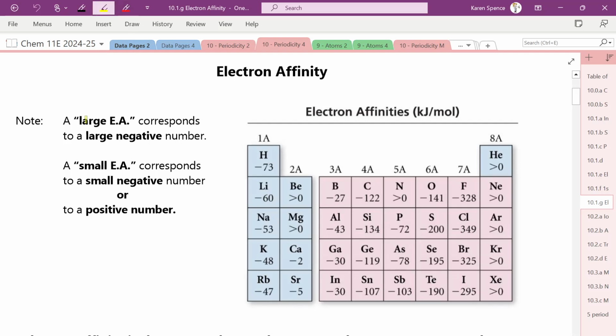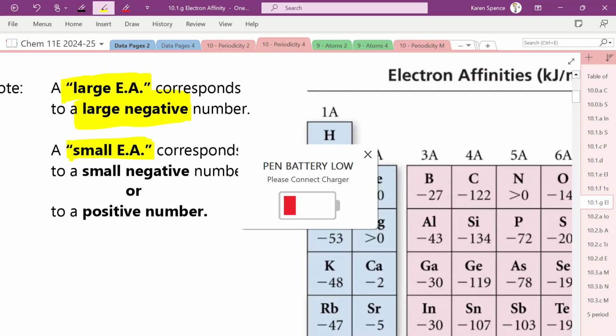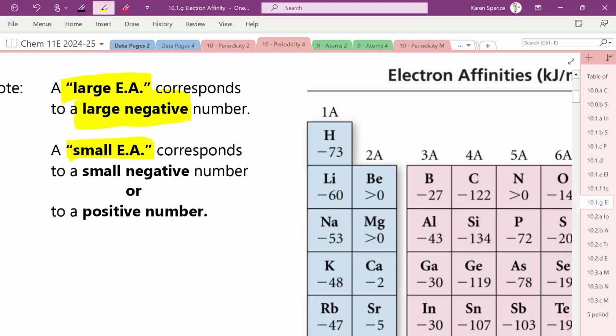So a large electron affinity corresponds to a large negative number. A small electron affinity corresponds to a small negative number or a positive number.